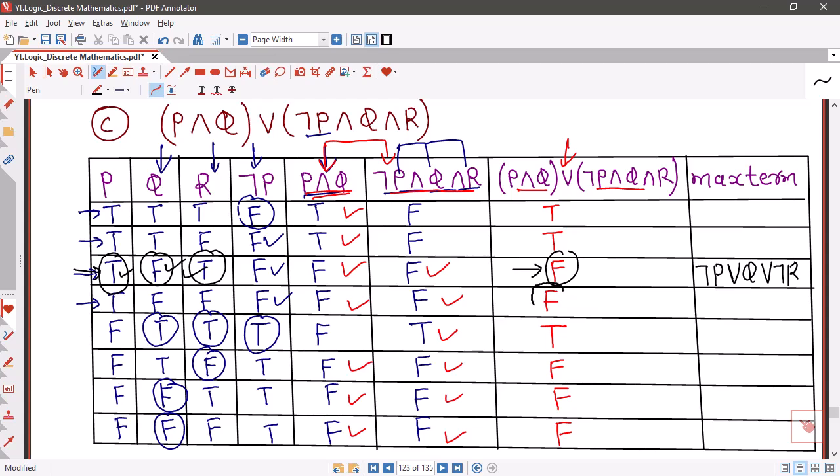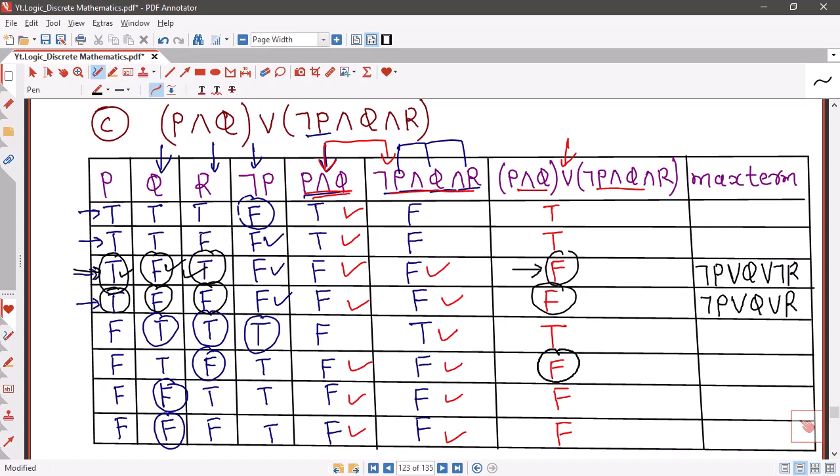Same thing here, here I have false truth value, and if we observe P is true, therefore we will write negation P, and Q and R are false, therefore we write Q and R as it is.